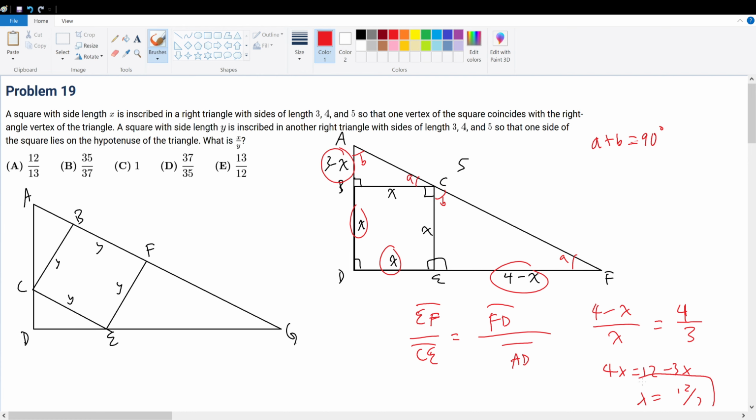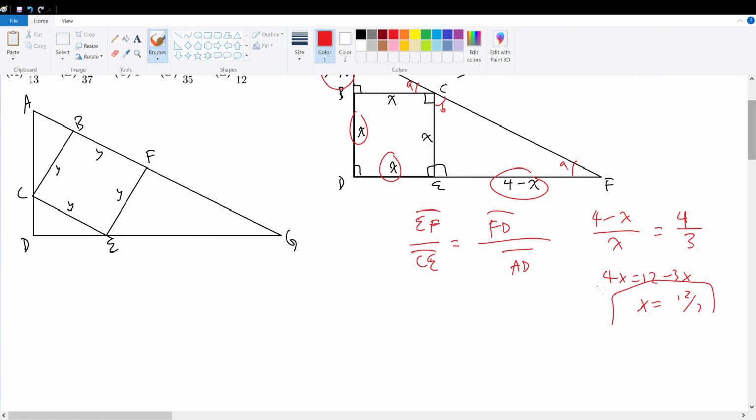If x is 12 over 7, we are halfway done because now we need to solve for y. How do we solve for y? Well, to solve for y, we have to employ a little bit of a unique tactic. This is a right angle, that's y. Now, let's suppose this is angle A, that means this is B, that is angle A, the right angle, that's going to be angle B, that's going to be angle A, and that's going to be angle B. Now, this is a 3, 4, 5 right triangle, right?